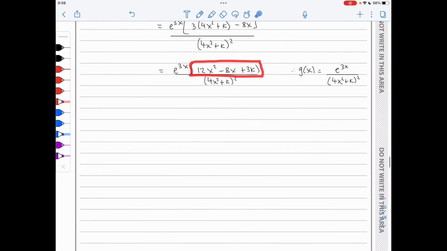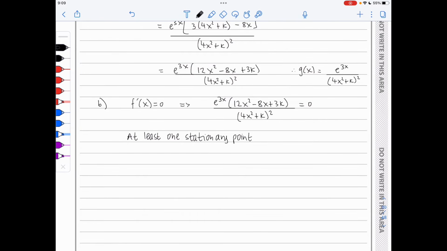So let's start by stating that we want f dash of x to be 0, which simply means that e to the 3x times 12x squared minus 8x plus 3k, and all of it over (4x squared plus k) squared is 0. Now, for at least one stationary point, we want the discriminant of the quadratic to be non-negative.